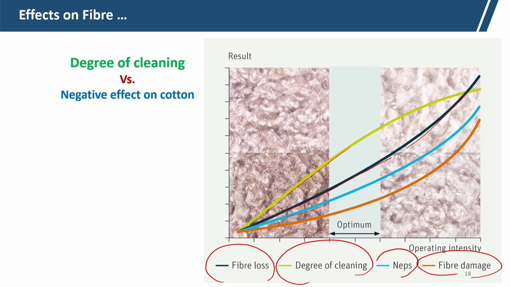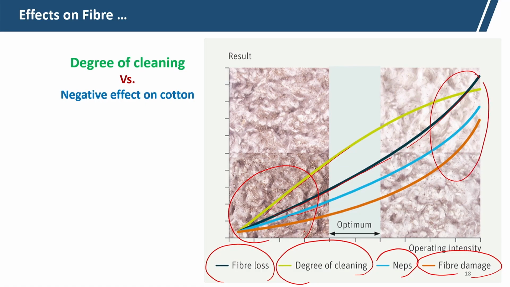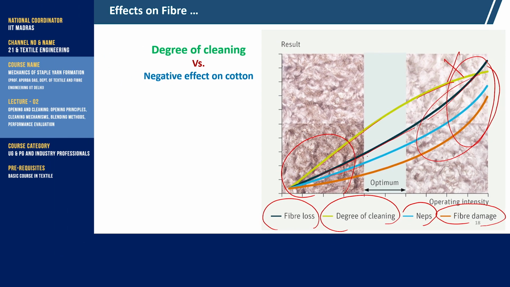So, what should we do? Should we go for a lower degree of cleaning or a higher degree of cleaning? We should not go for a higher degree of cleaning, because although it will clean the material, it will be at the cost of fiber quality, and also we must need a little bit of cleaning efficiency. So, that is the compromise.